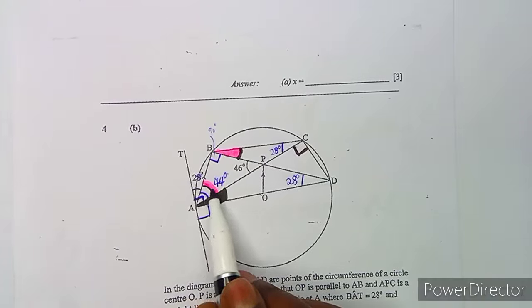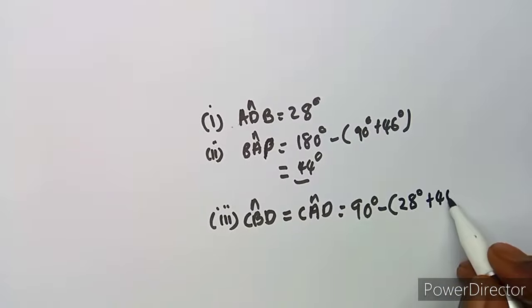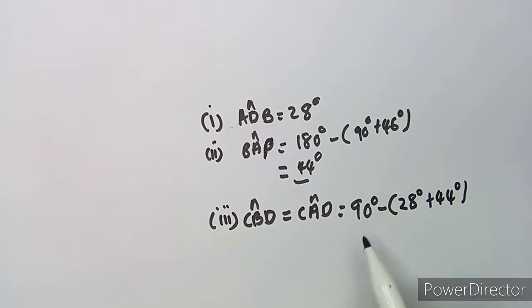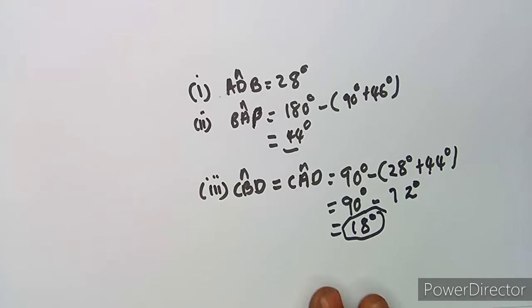Those are 28 and 44. So it's 28 degrees plus 44. That's going to give us 90 degrees minus 72, you just subtract properly, guys, and that will be 18 degrees here. So you're going to have an angle of 18.